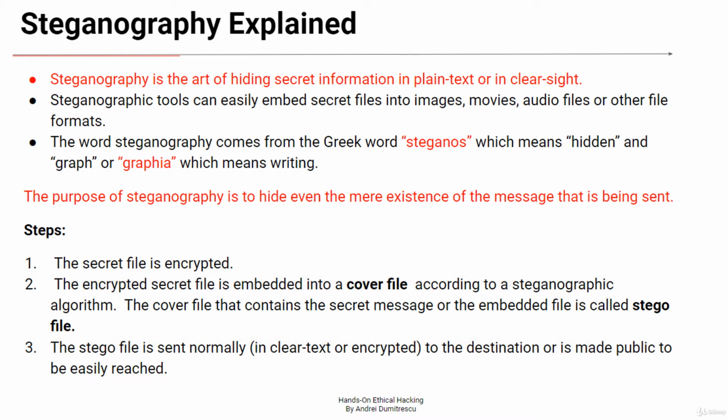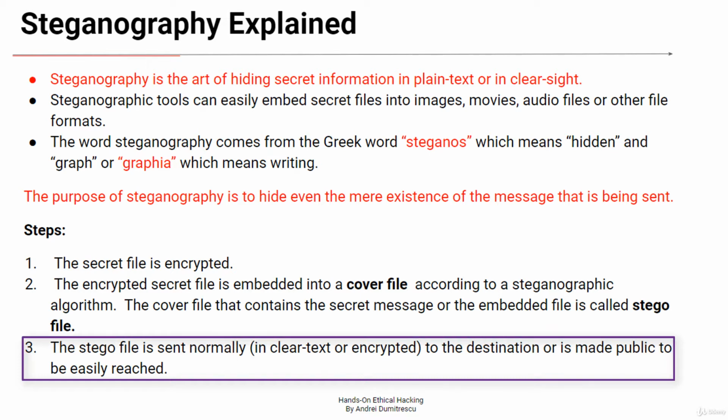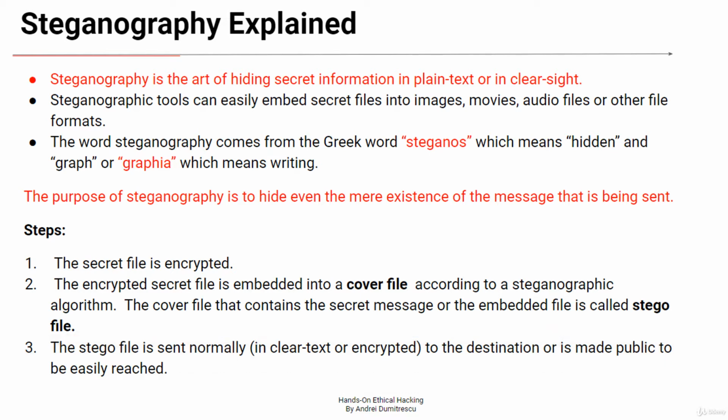After the secret file was embedded, the stego file is sent normally to the destination. If the stego file is an image, the user can post this and other images on a website, forum, or simply send them in clear text per email. If someone, such as an attacker, captures the traffic, he won't be suspicious because it's just an image.